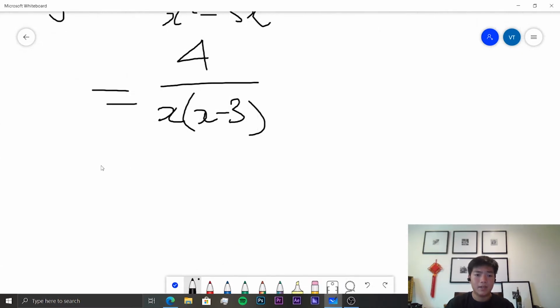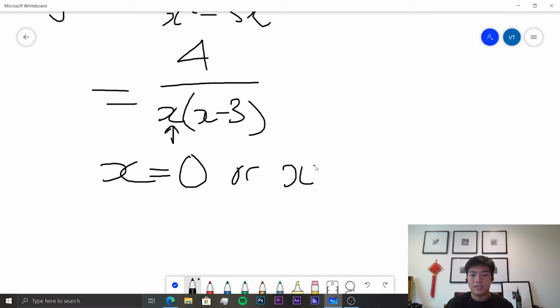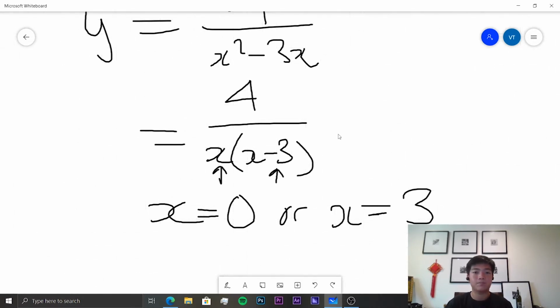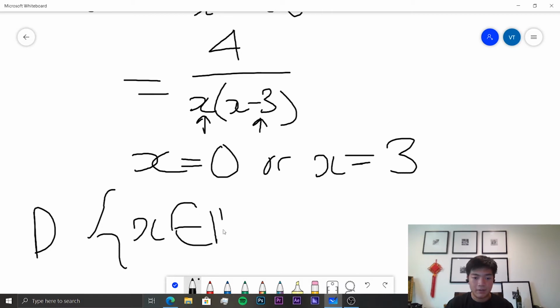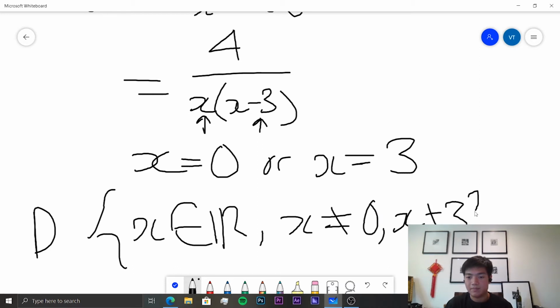When x is equal to 0, the entire denominator will be 0, or when x is equal to 3, x minus 3 will be 0 and the denominator will be 0. We will have our two asymptotes there. So the domain of the function will simply be x is any real number, and x is not equal to 0, and x is not equal to 3.